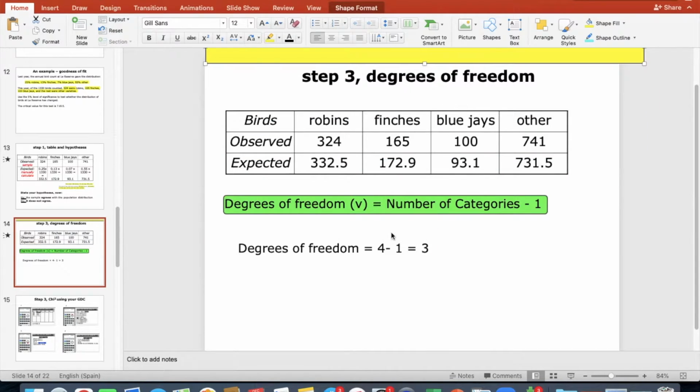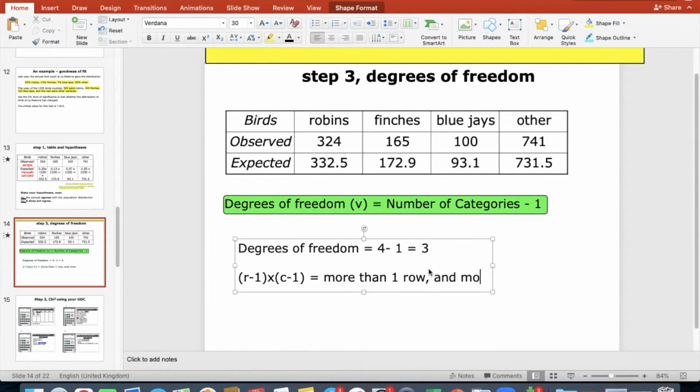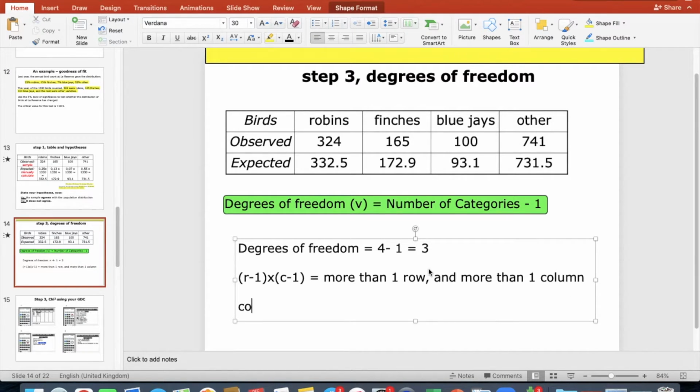Another way of thinking of it is using the formula row minus 1 times column minus 1. But this is for a table which does have more than one row and more than one column. For the question above, we only have columns we're focusing on.